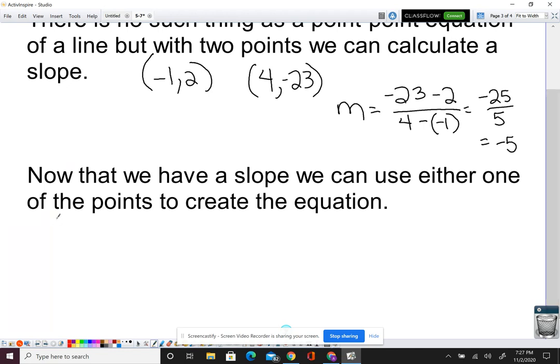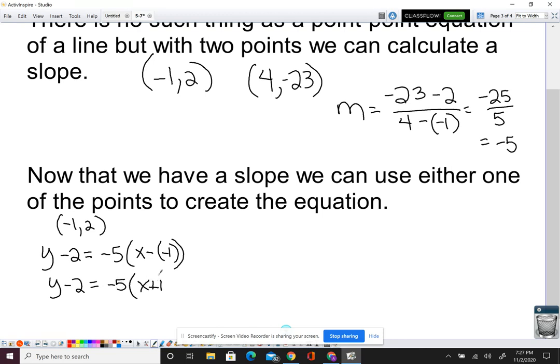So I'm going to take that first point, (-1, 2). y minus 2 equals m, which is -5, times x minus our -1. y minus 2 equals -5 times x plus 1.